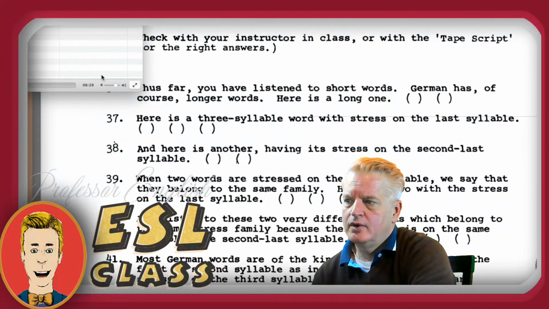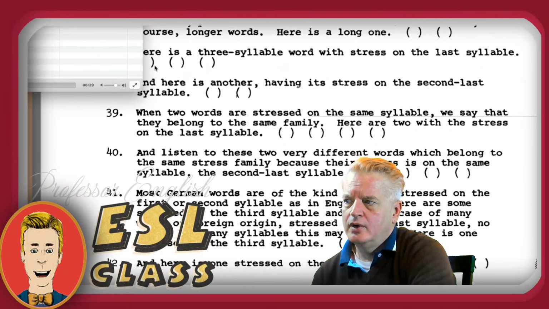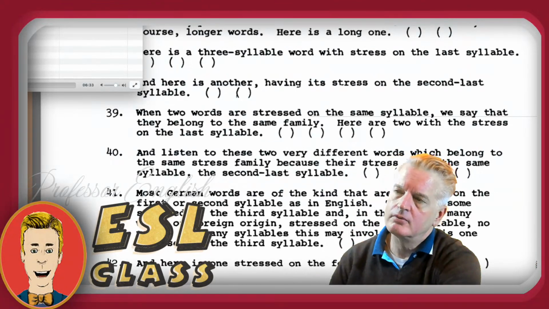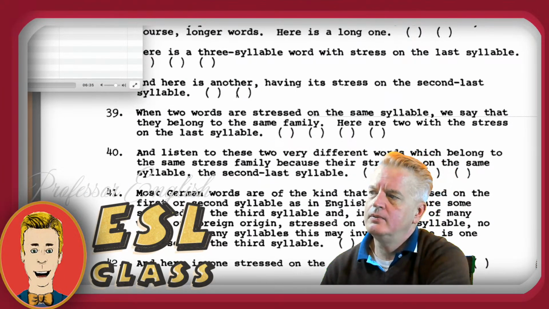39. When two words are stressed on the same syllable, we say that they belong to the same family. Here are two with the stress on the last syllable. Formular, Apparat. 40.